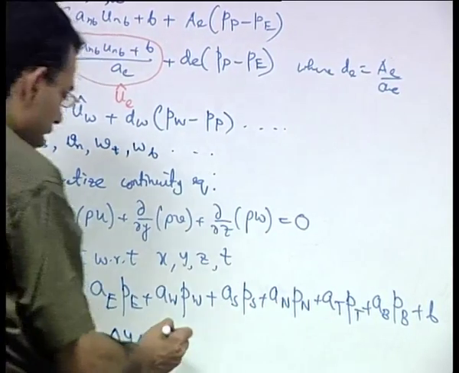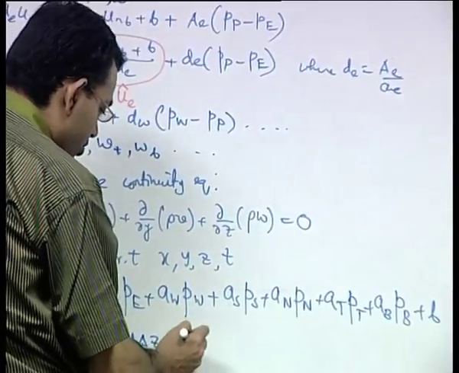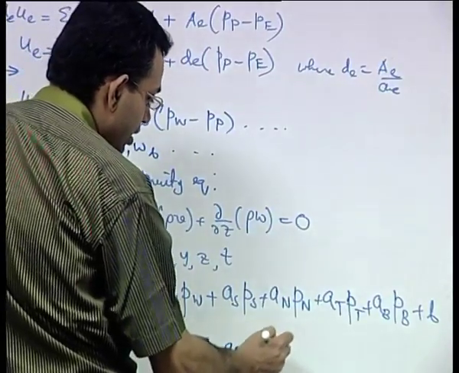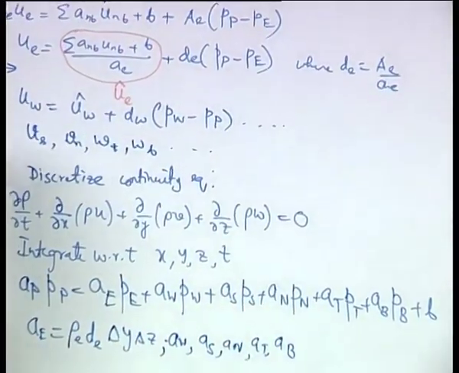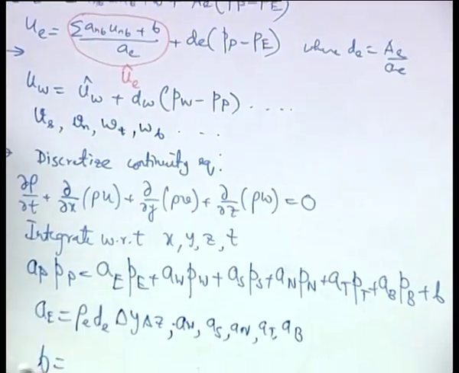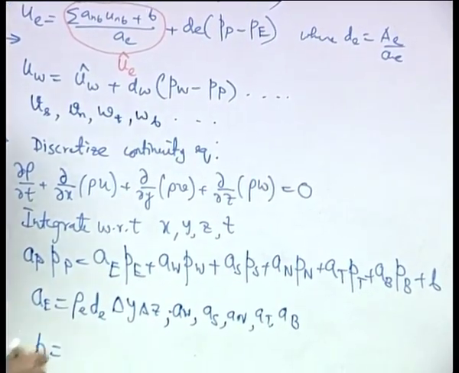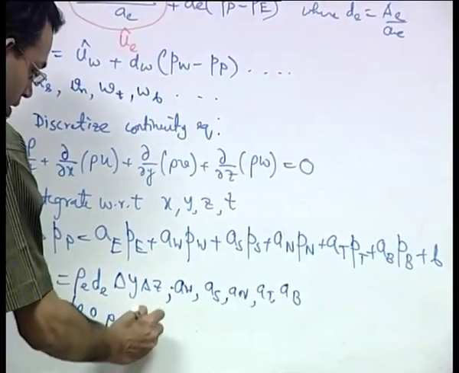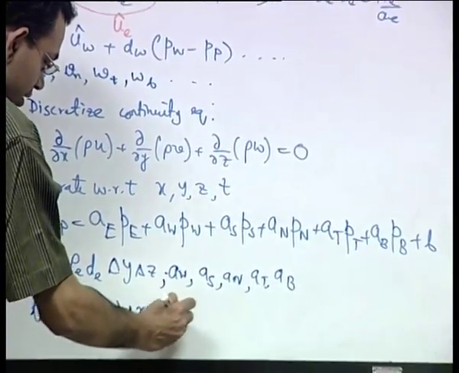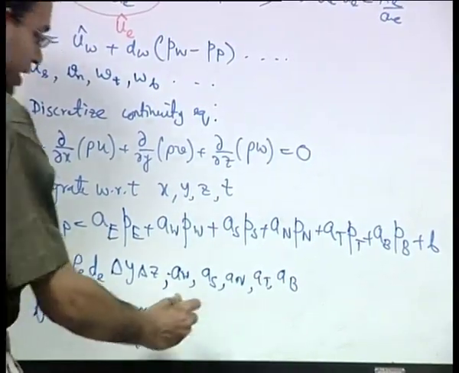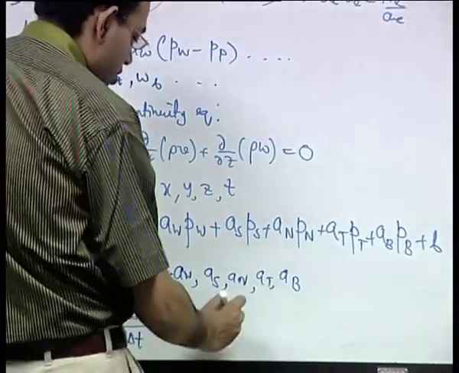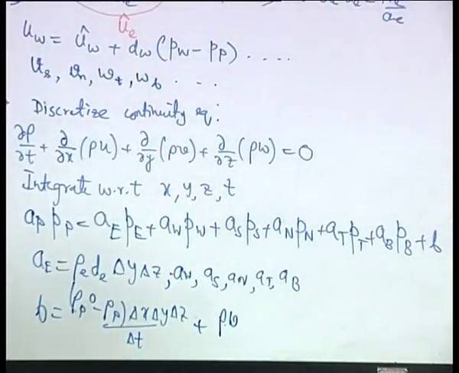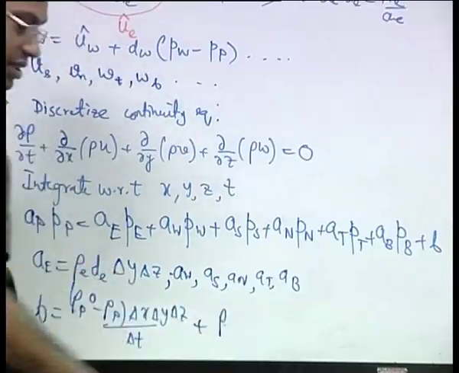So you will get similar terms for AW, AS, AN, AT, AB, and what will be B? Rho P naught minus rho P delta x, delta y, delta z by delta t plus rho w, instead of uw star it will be uw hat.